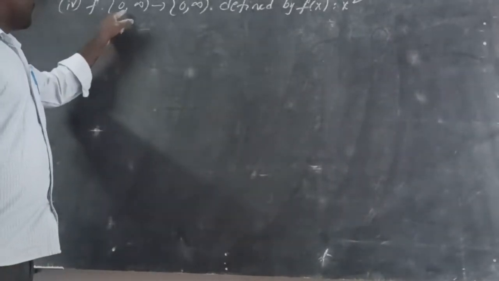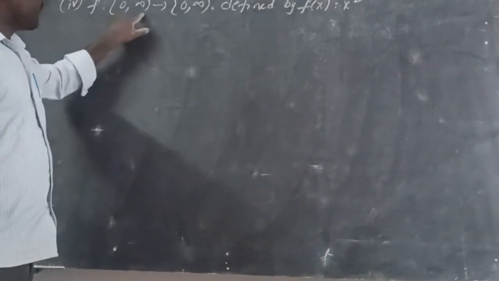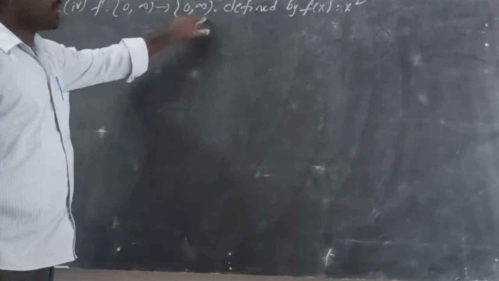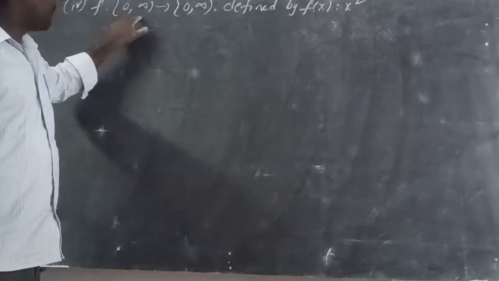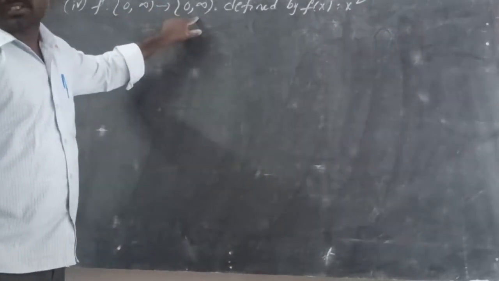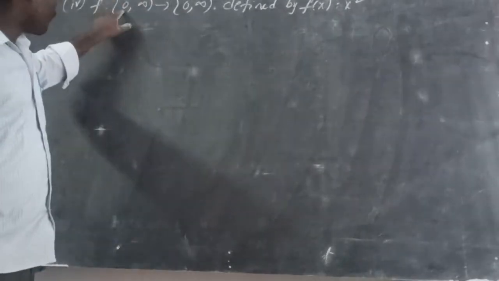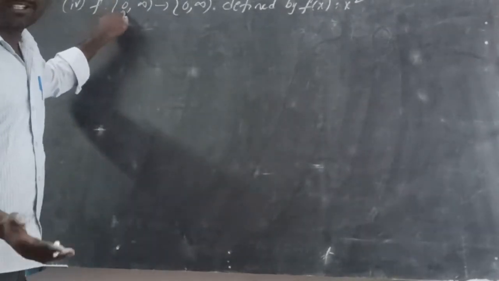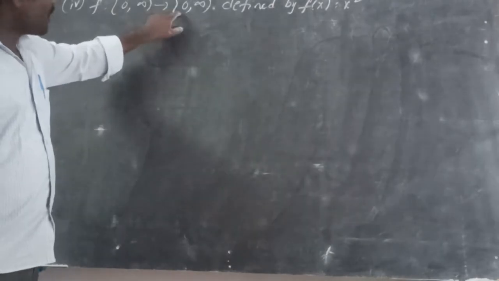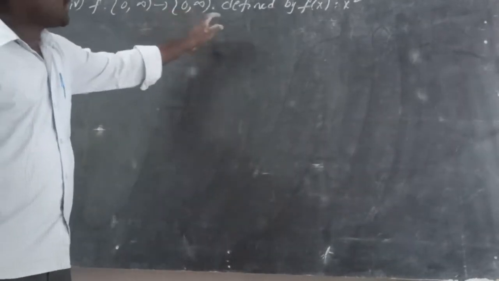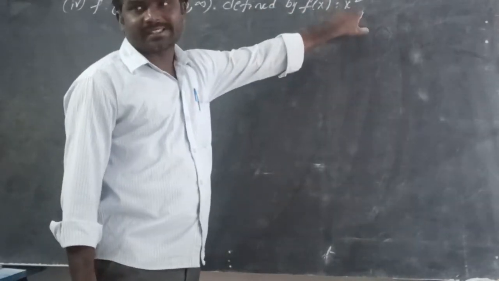f from the closed interval 0 to infinity to the closed interval 0 to infinity, so positive real numbers to positive real numbers, that means greater than or equal to 0, is defined by f of x is equal to x square.